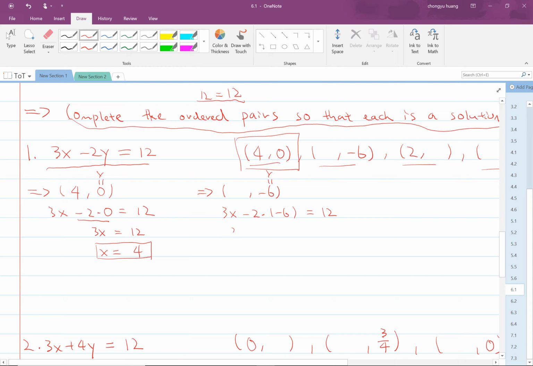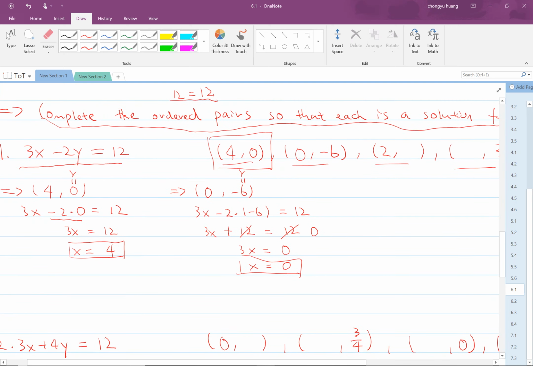Then what we got is 3x plus 12 equal to 12, right? 12 and 12 both get cancelled. 3x is equal to 0, so x is equal to 0. So now we have found the second point, x equal to 0.